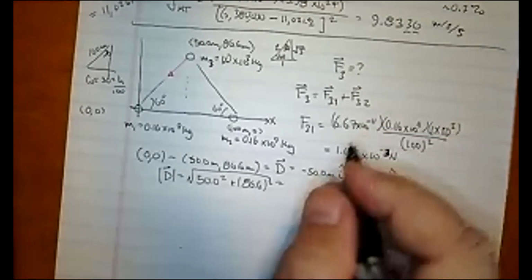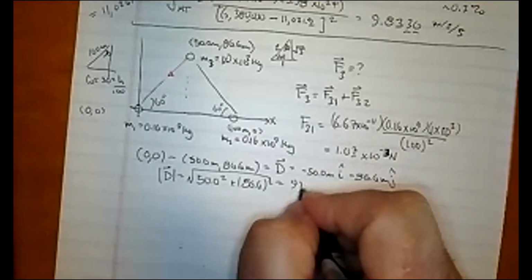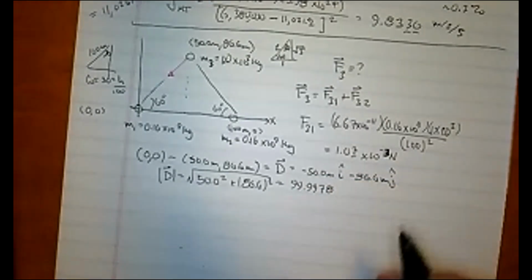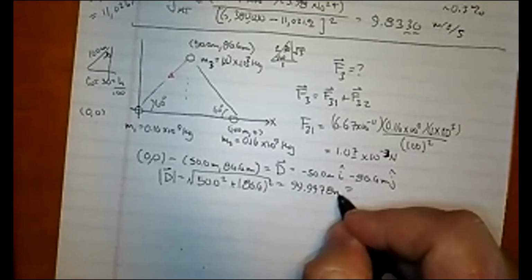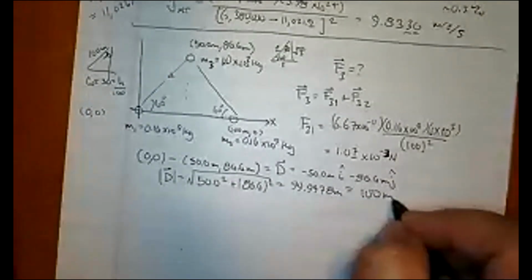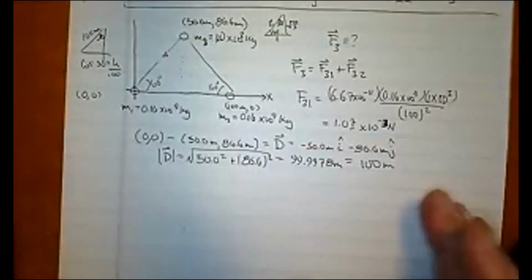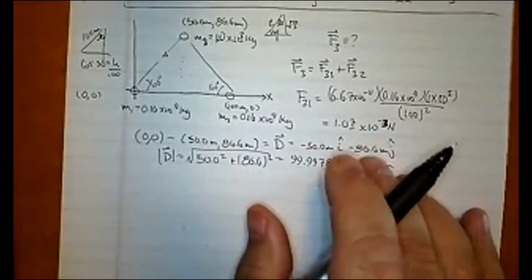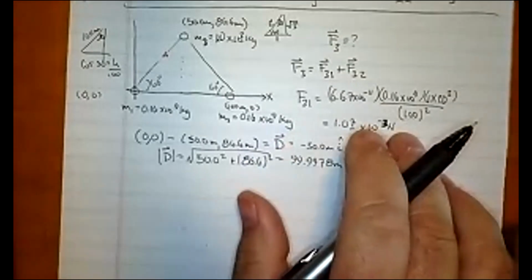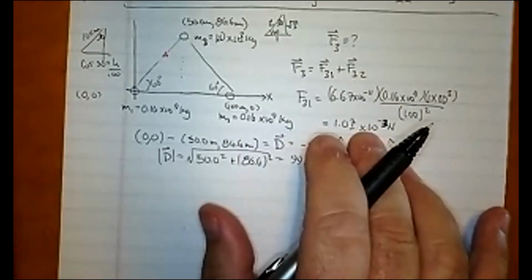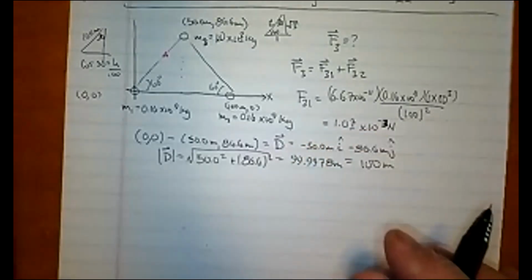And I get 99.9978. Well, I'm only using like 3 sig figs, so that's definitely 100 meters in length. So that gives me a vector, but its length is 100 and it's got a unit of a meter. So if I multiplied this by that, the units would be in newton meters and the length would be 100 times too big.